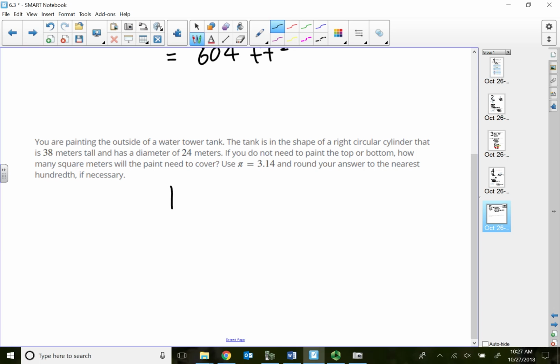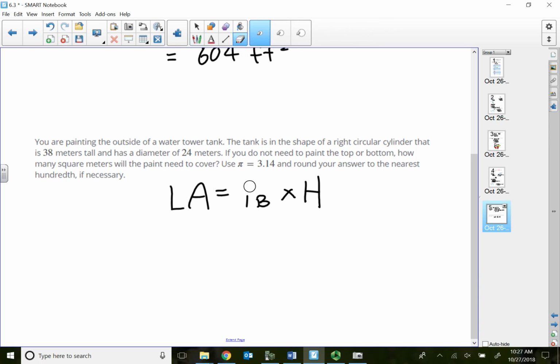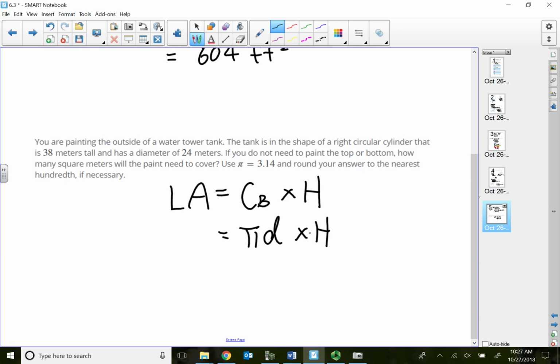So my lateral surface area is always the perimeter of the base times the height. But since I'm dealing with a cylinder, which is circle based, we don't call it the perimeter of the base. We call it the circumference of the base. So to find the circumference of a circle base, that's pi times diameter, then times the height. So 3.14 times the diameter, 24 meters, times the height, which is 38 meters tall.